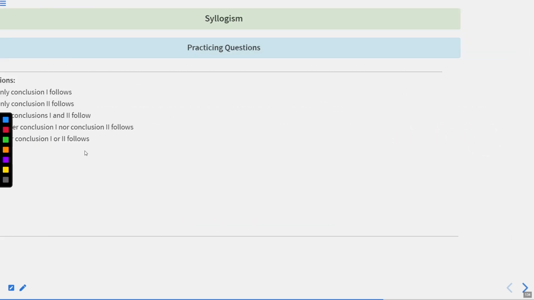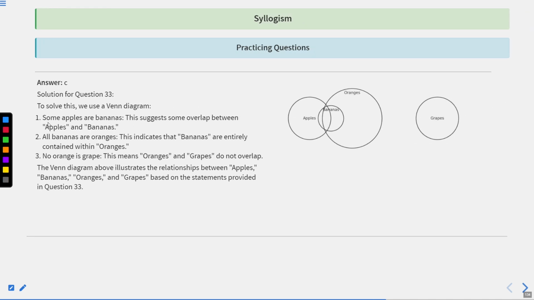Okay, my dear students, let's analyze what the correct representation would be. Some apples are bananas, correct. All bananas are oranges. Some areas again coming out of it. No oranges is grape. This is the correct representation.